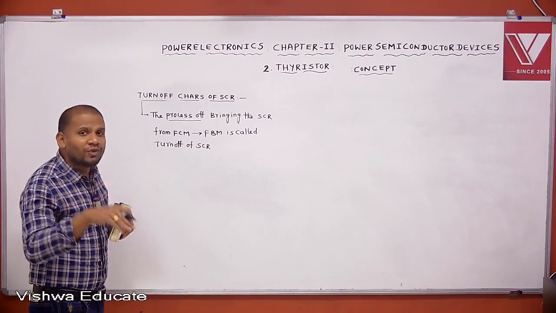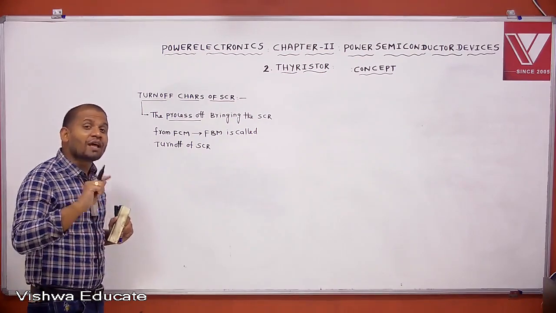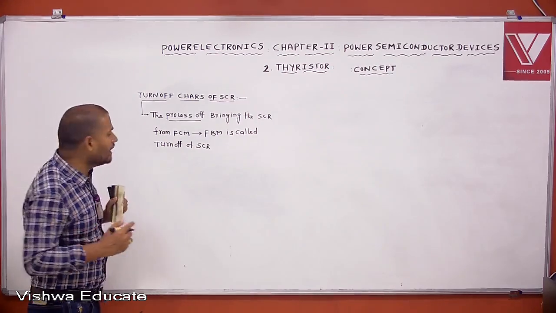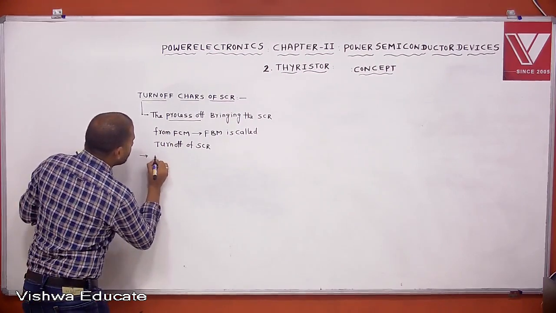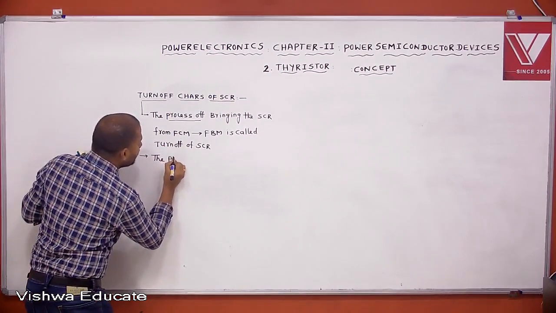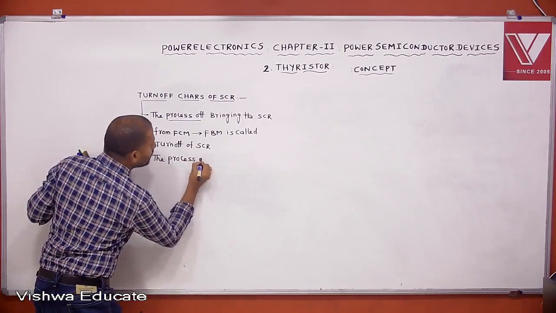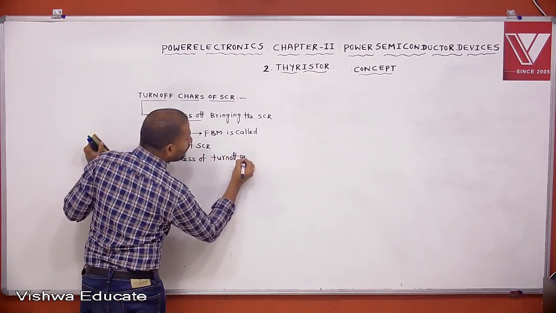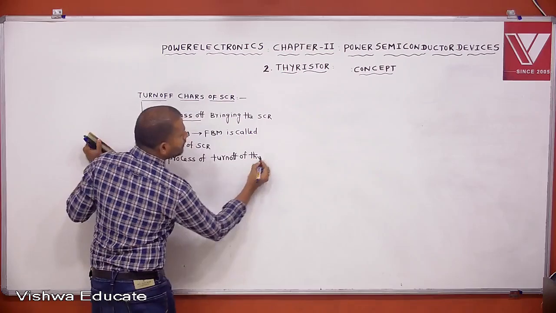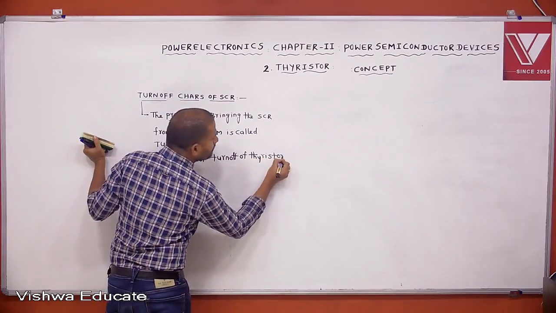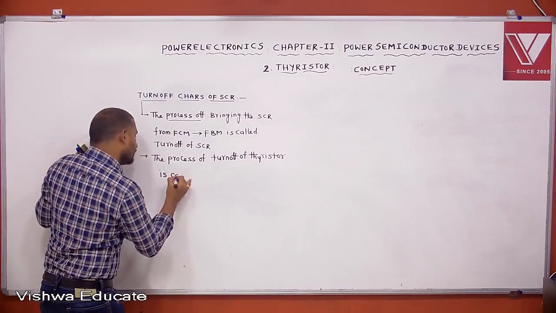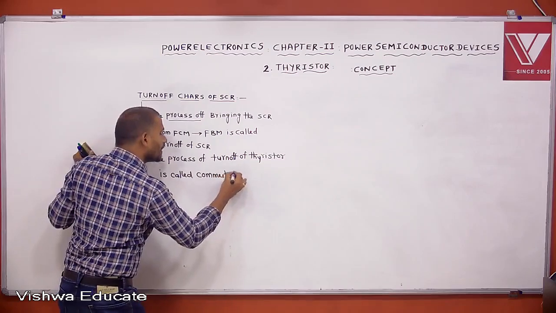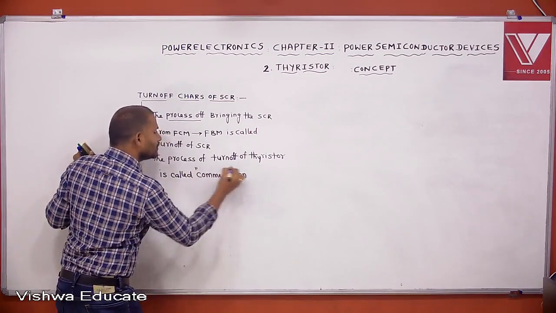Then what is the process we are using? The process of turn off of thyristor is called commutation. Here we are using one technical name. The process of turn off of thyristor is called commutation.